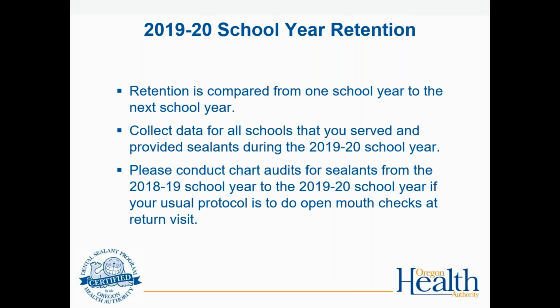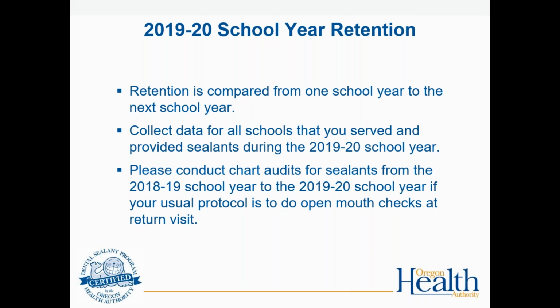If open mouth checks were your normal mode of checking retention, some programs do fluoride varnish a second time, and they're looking in the mouth at that time to check to see if the sealants from the previous school year are still there.